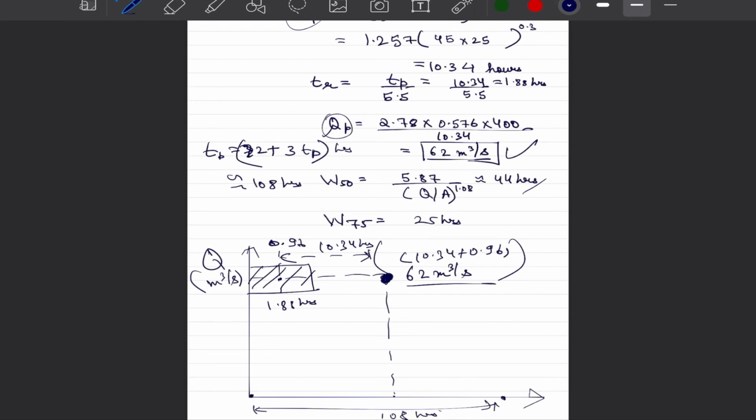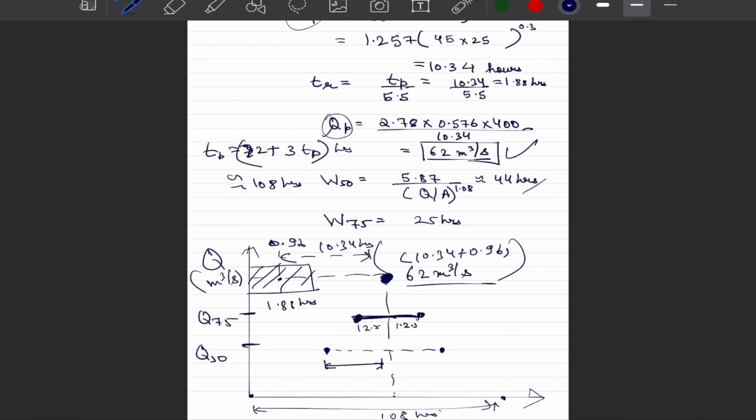Now, we also know Q50 and Q75, and we calculated that the width of this hydrograph, assuming symmetry around the peak, is going to be 44 hours. So we will mark 44 here, 22 on either side. And at Q75, we know that this width is 25. So we'll mark 12.5 and 12.5 on either side.